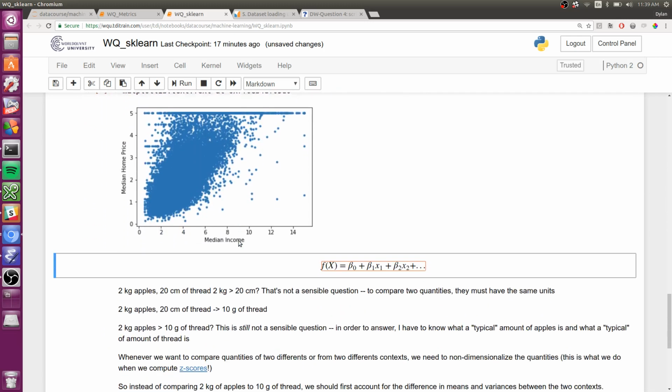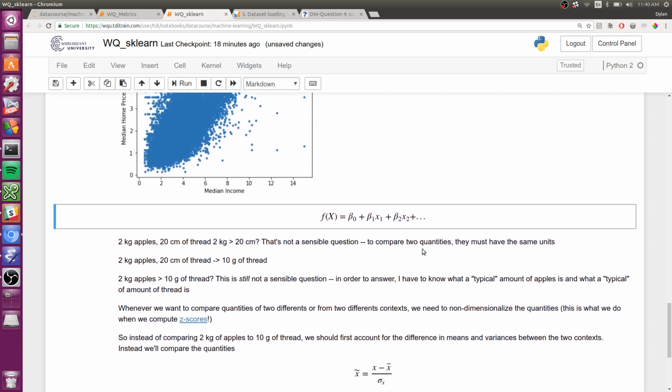And what that will let us do, once we fit our linear model, is use the coefficients as measures of how much each feature contributes to the final prediction. We put all the features on the same scale by making them dimensionless quantities, and then we can compare their coefficients to get an idea of which features are most important.